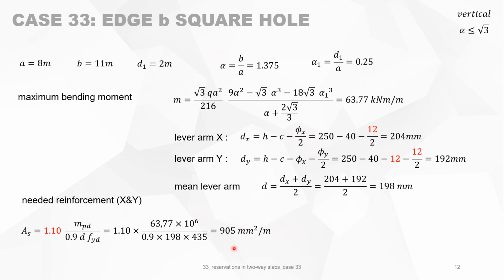It gives you 905 square millimeters per meter, or 8 diameters, 12 per meter will be all right. 905. So just take care, because we have positive and negative yield lines. So it is 8 diameters, 12 per meter with X and Y direction on top and bottom. So 4 times.